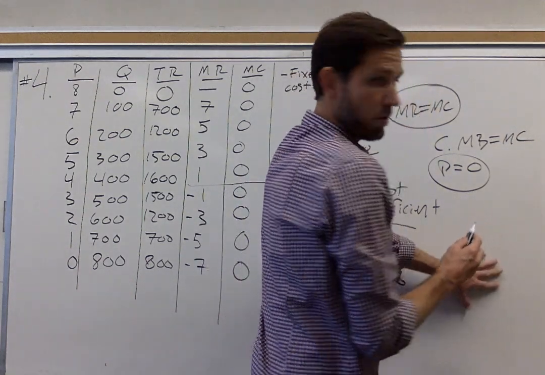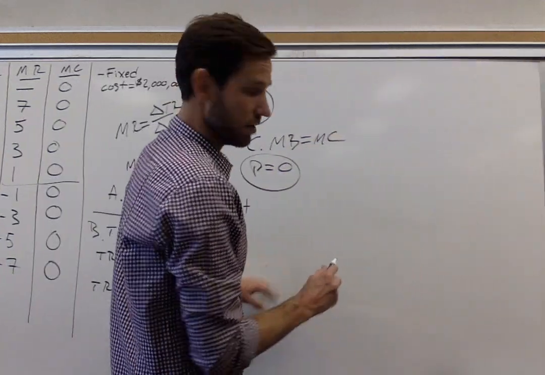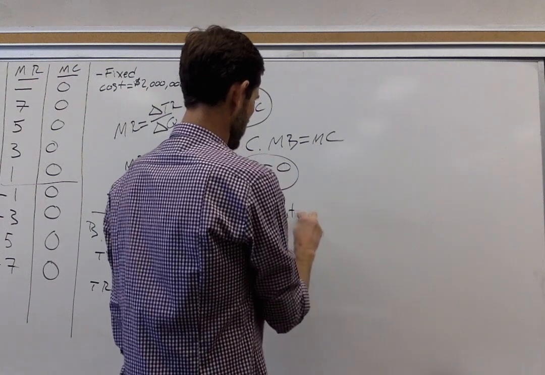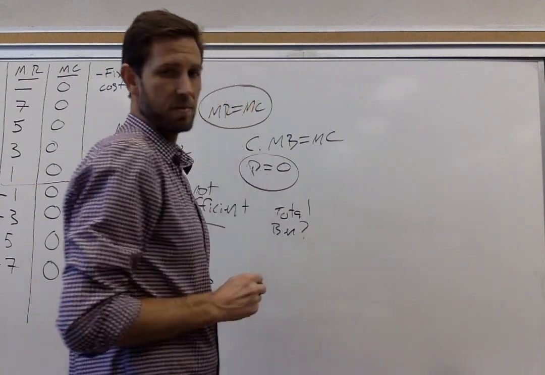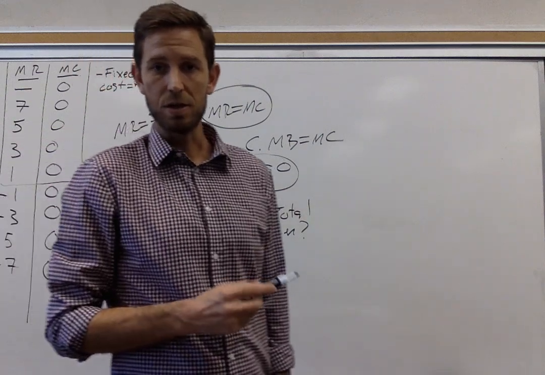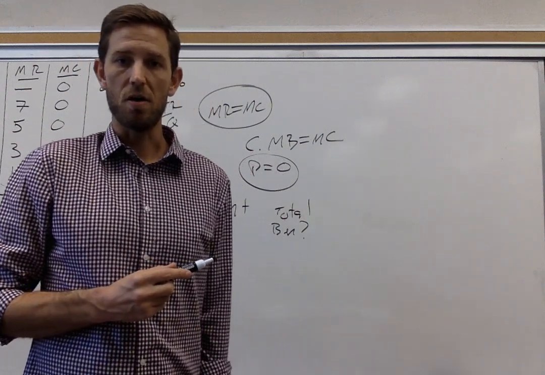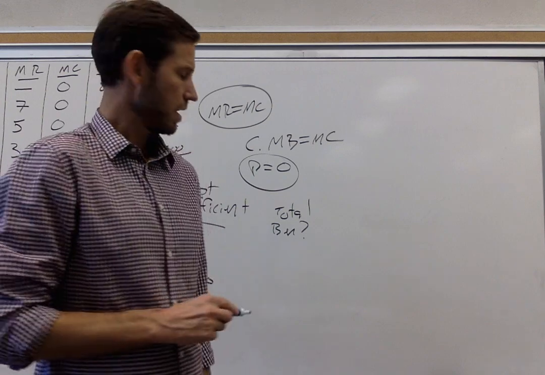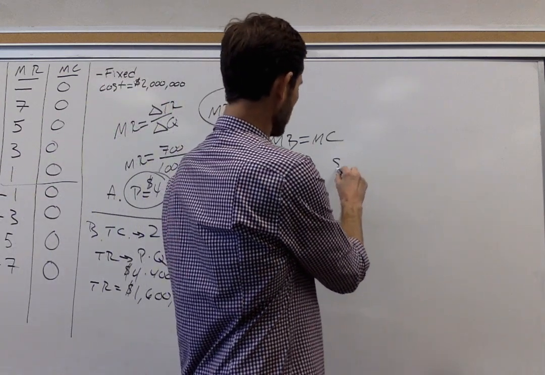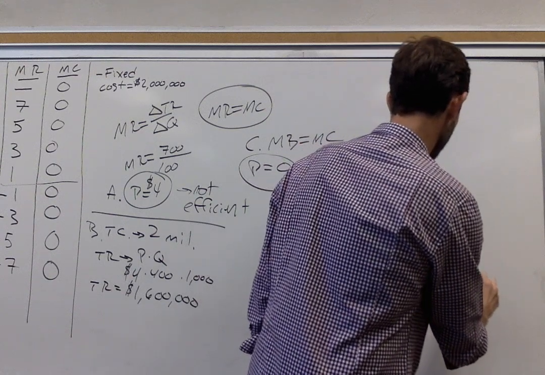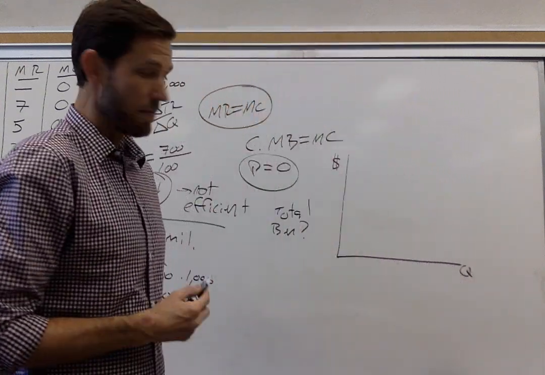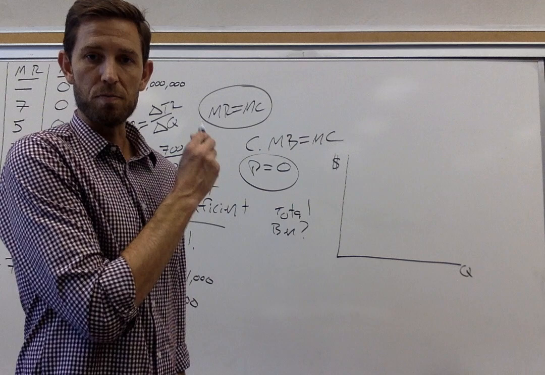What about our total benefits? Slide this over a little bit. Several different ways that you can do this, but I think it's useful to rely on some graphical analysis. So I'm going to set up here a quick little graph showing us the demand curve associated with bridge crossings here.